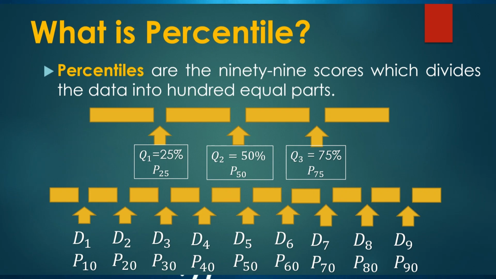So take note that quartile 2 is equal to D5 and D5 is equal to P50 since they are 50%. Yan yung mga middle data natin, the Q2, D5, and P50.